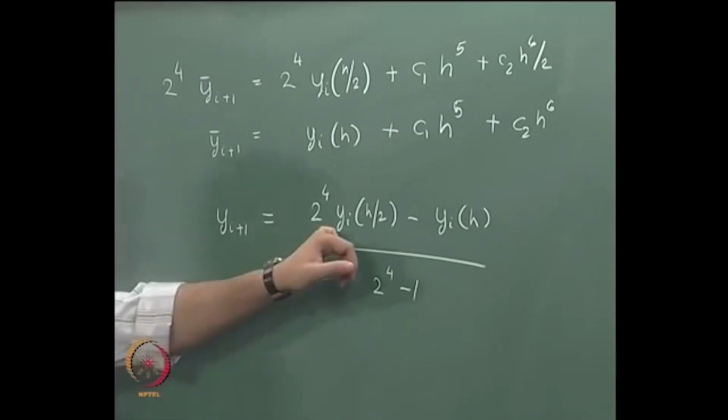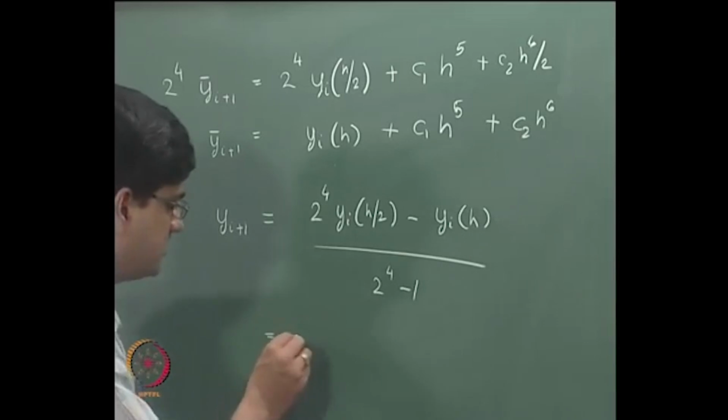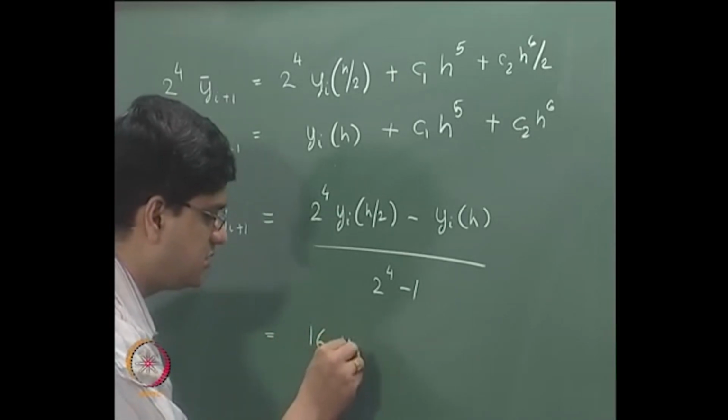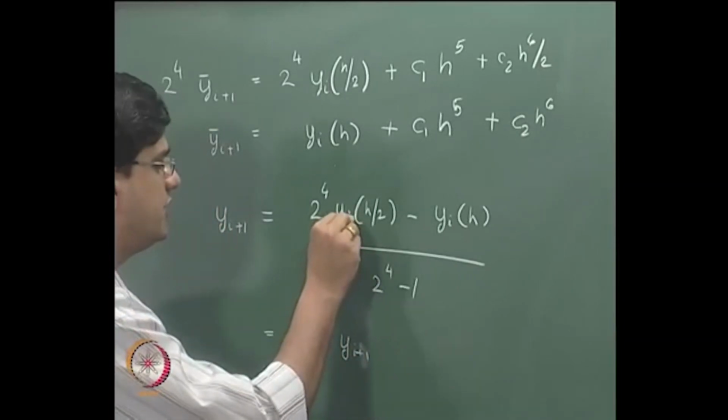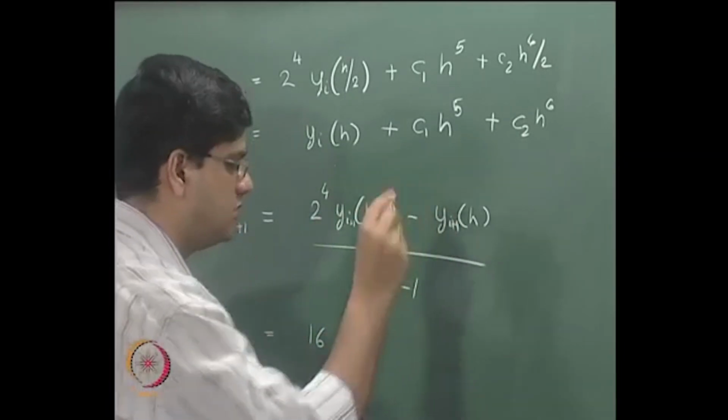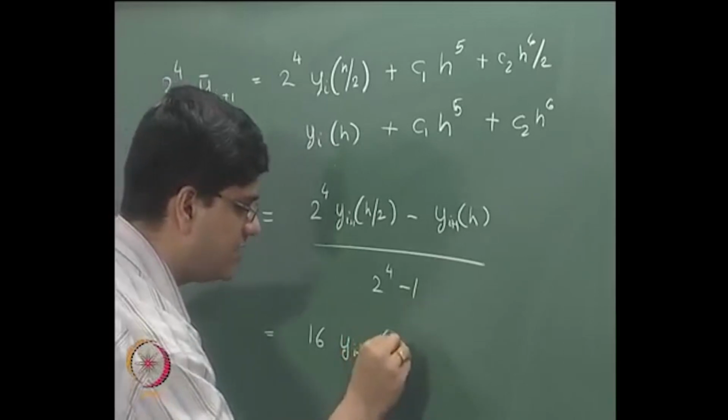We can write this as 16 times y(i+1) at h/2 minus y(i+1) at h, divided by 15.